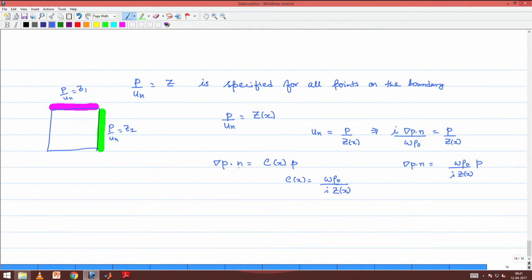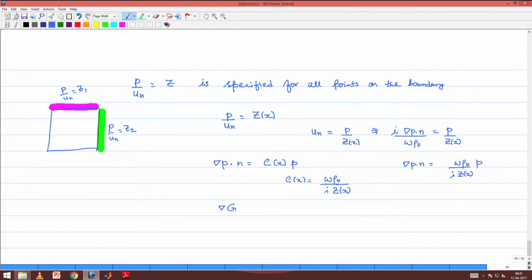Now, what is true for pressure is also true for the Green's function, because the Green's function is finally a pressure-like quantity, that is the basic premise. Therefore, this sort of relation will also hold for the Green's function.